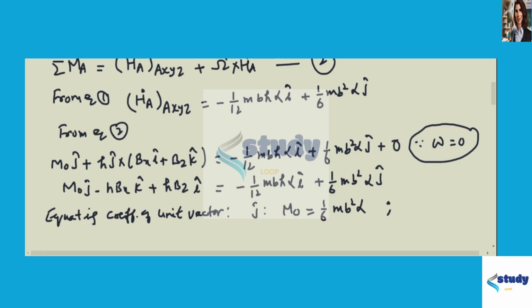So from here alpha you will get 6 M0 upon m b square.